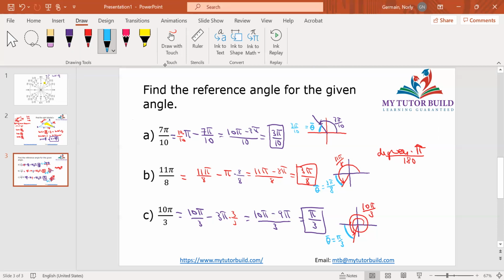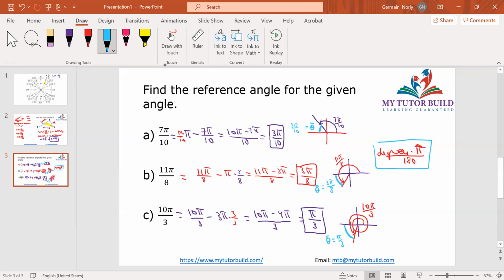That means 3 pi plus pi over 3 gives you 10 pi over 3. And if you don't see where it is exactly located, you can still convert to degrees using this formula. So hopefully you can use this example to do more reference angles.